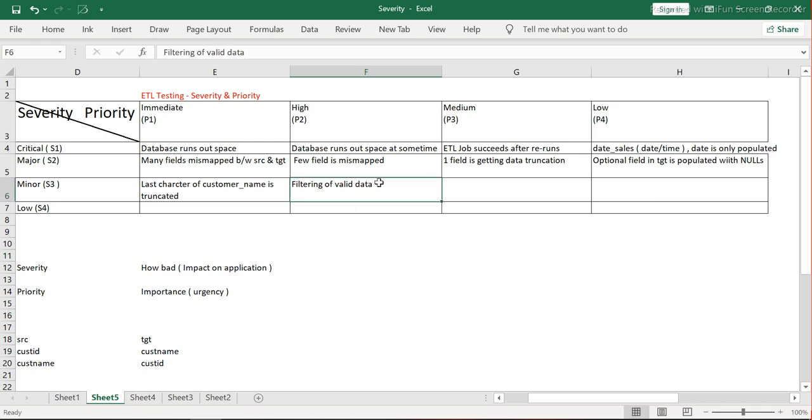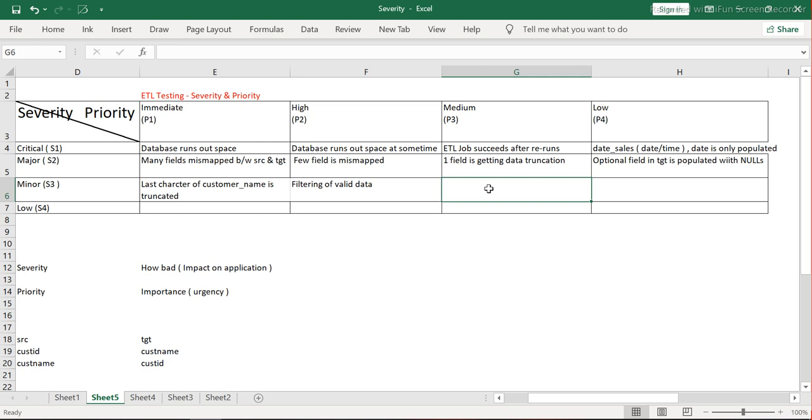Let's say you want to put a filter condition wherein you do not want customers from Bangalore, but every other place you need the customer. Instead of Bangalore, you also put in Delhi. So some data filtration will happen, and it needs a fix. The priority is high because we need to fix it, but it's a very minor issue. There is no issue with the data, it's just filter logic. You just need to revisit it.